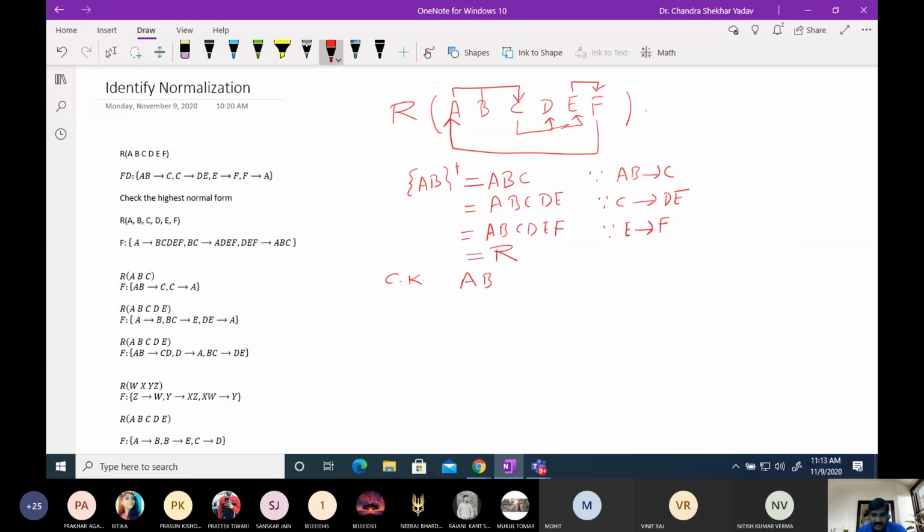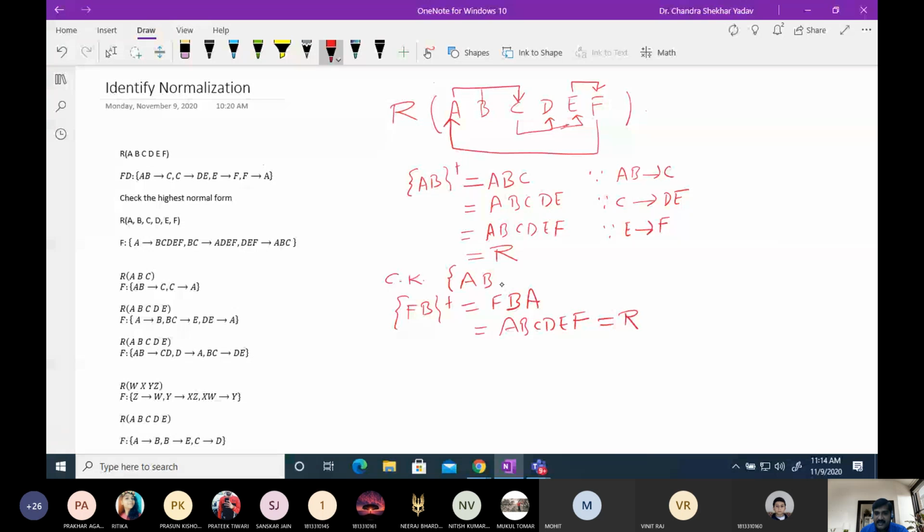Sir, FB is a candidate key. If we find the closure of FB, then we will get FB, and with the help of F, we will find A, so AB, and with AB we can find all the attributes A, B, C, D, E, F. And this is also R. So FB is also a candidate key.